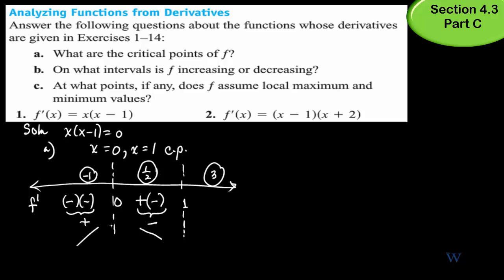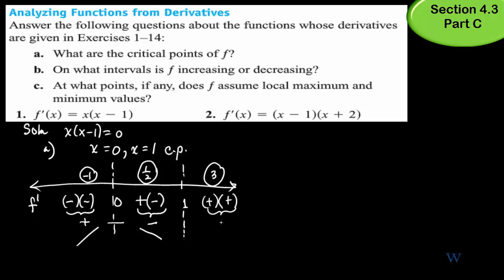So that tells us that we have a 0 slope here. You see how you've got a mountaintop or a hilltop, which tells us that there's a change in sign of the derivative. So this is a local maximum. Now what about to the right of 1, using 3? We plug in 3, which is positive, times 3 minus 1, which is also positive.